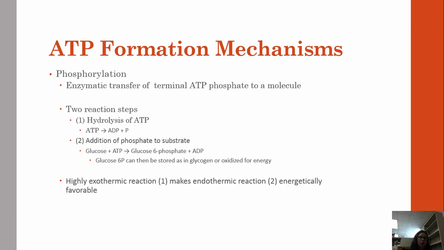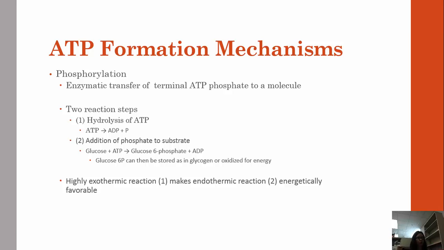Now this is a two-step process. First, ATP is broken up, just like we talked about, into ADP and an inorganic phosphate. And then this phosphate is added on to another molecule. One very common example that we're going to talk about a lot in this course is the addition of the phosphate onto the substrate glucose.